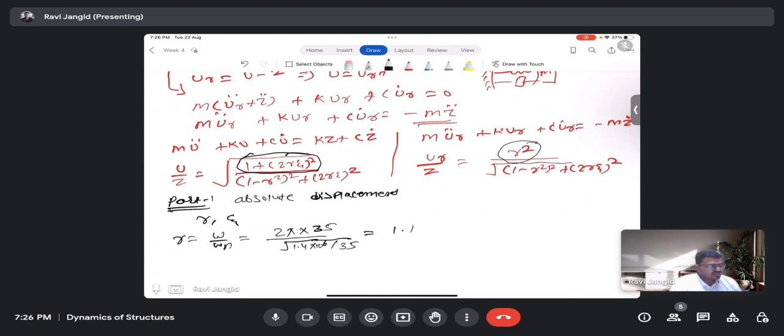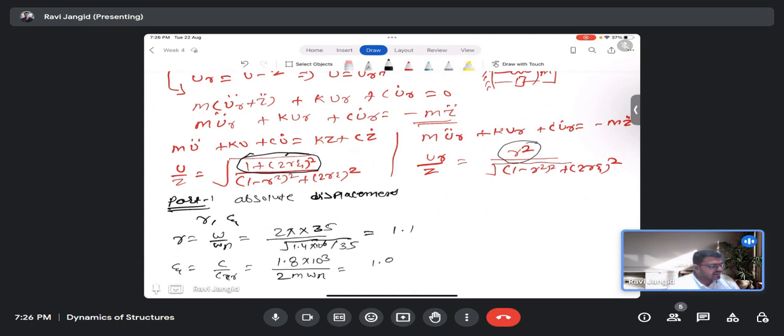And find out the damping ratio, C over C critical. So C is given to you, 1.8 into 10 raised to power 3, and C critical, you know what it is, 2 m omega.